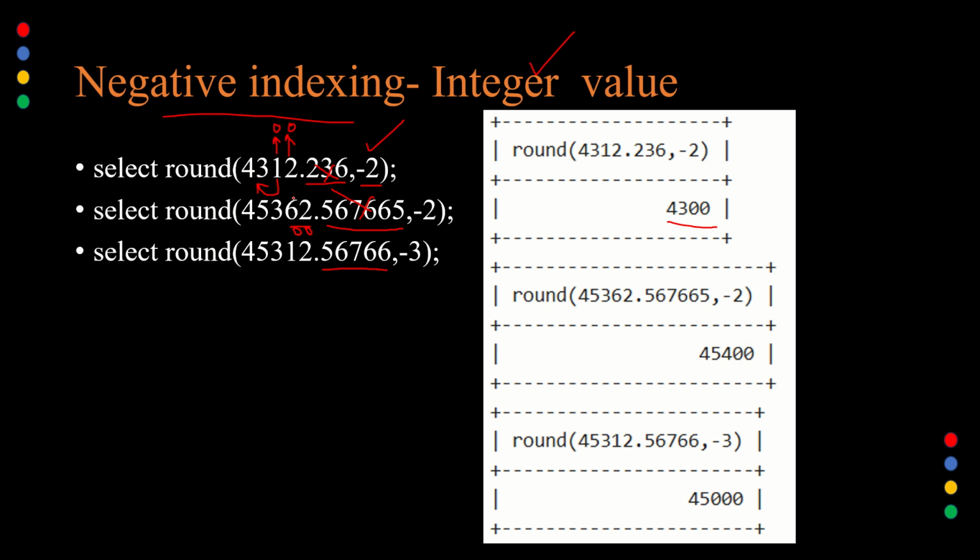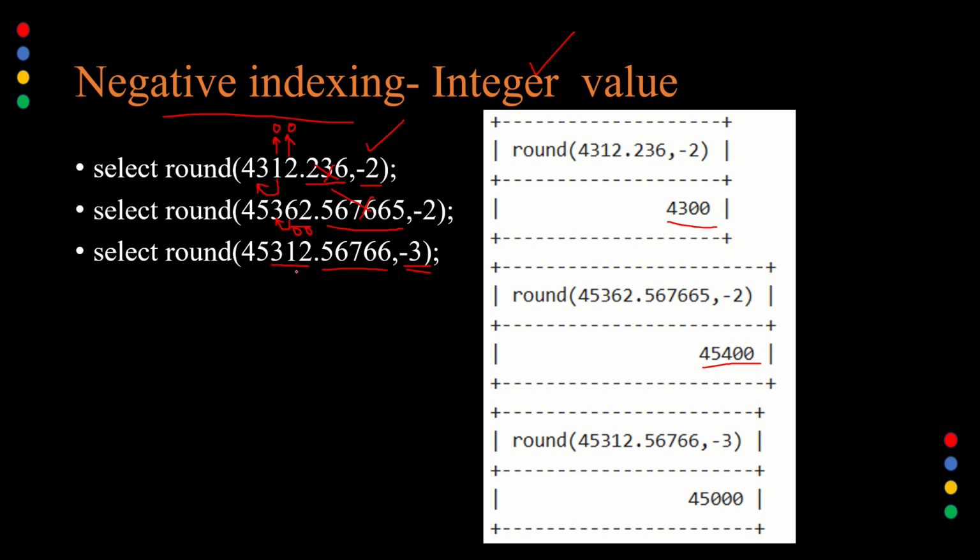And we have to check the 6. Always this is how the arrow goes in every case; that is how you can remember it. So 6 is greater than 5, so 1 has to be added. So the answer would be 45400.